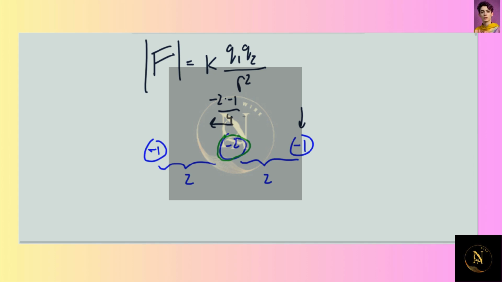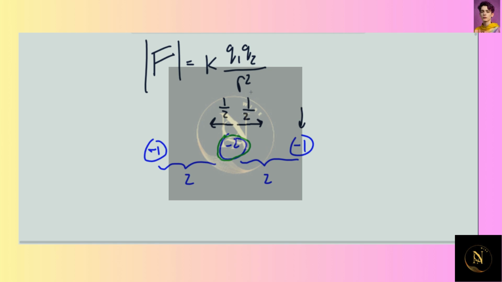That's 2 squared. So the magnitude is, without any real units, let's just say it's a half. And similarly, because this is the same charge and the same distance, just on the opposite side, we're going to have a force pushing to the right with a magnitude of 1/2.